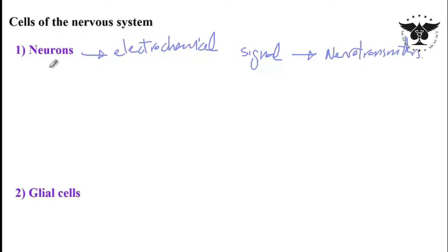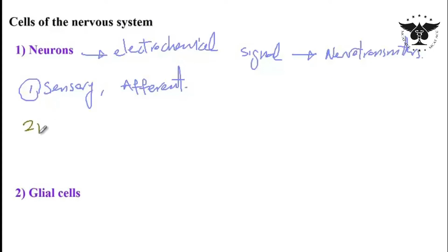And there are three main types of neurons. Number one is sensory neurons, or the other name for which is afferent neurons. And these neurons will gather the information and transmit them to the central nervous system.